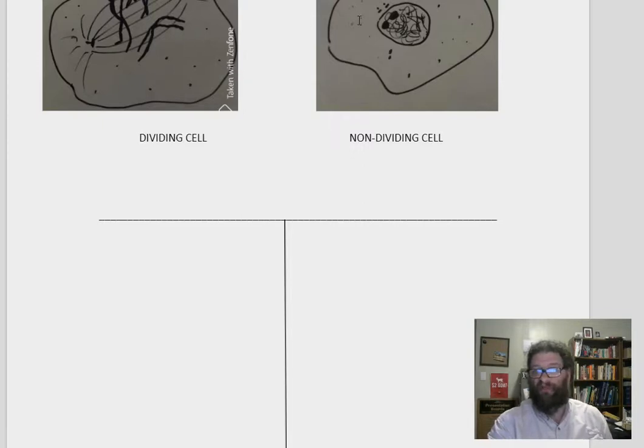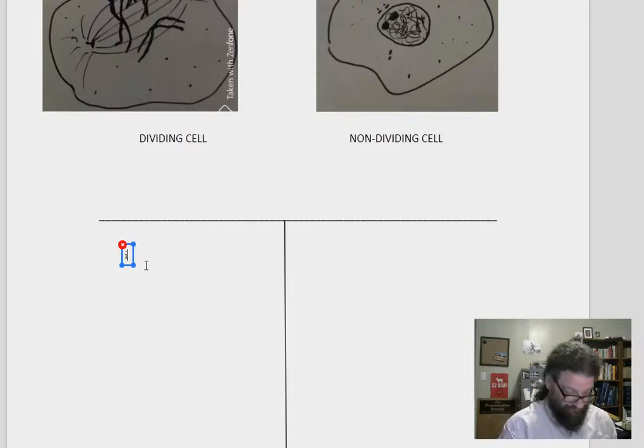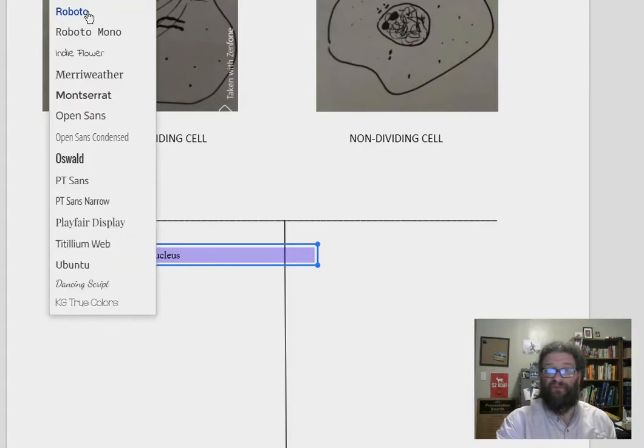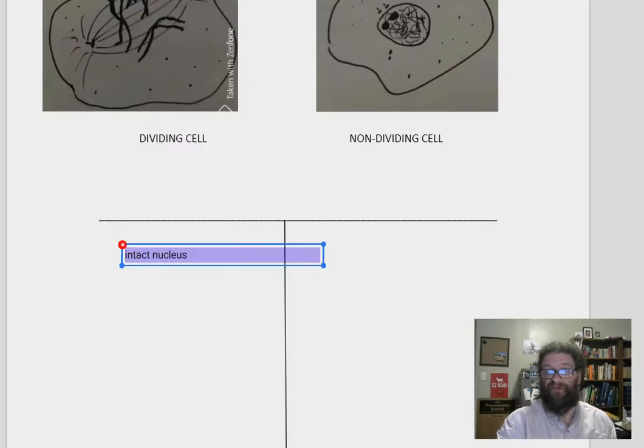I'm hoping you can recognize right off the bat that the dividing cell has no intact nucleus. I gotta change that font, don't I? Yes, I do. I like the Roboto. Let's do that. Make this a little bit bigger. There we go.